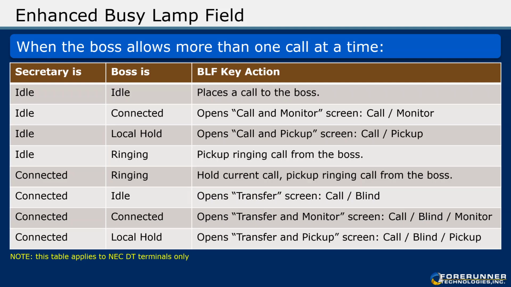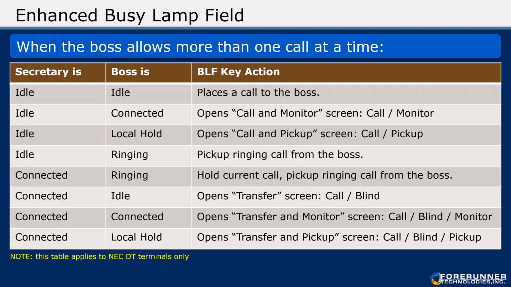She can call the boss because it generates a call waiting signal on the boss, which wouldn't be possible when the boss allows only one call. If the secretary is idle and the boss has a call on hold, the secretary will have the option either to call or pick up the call on hold from the boss.